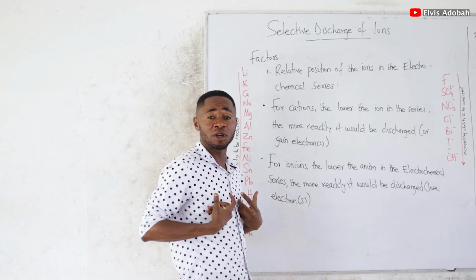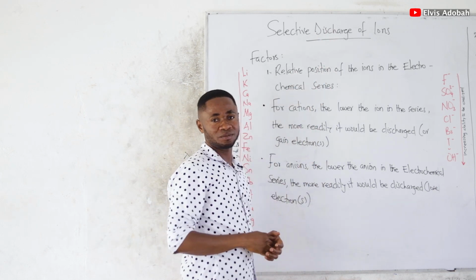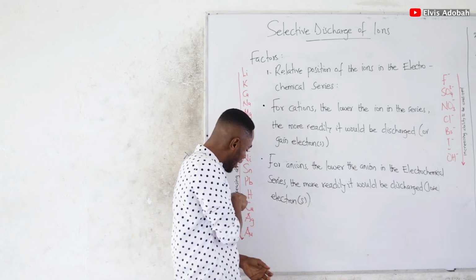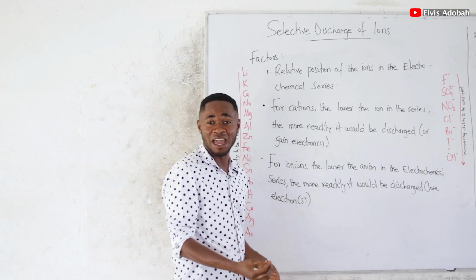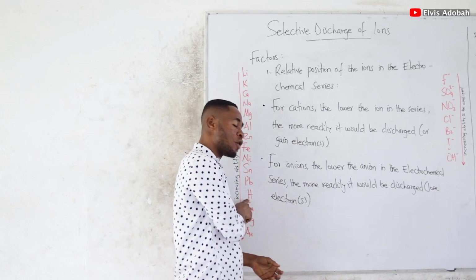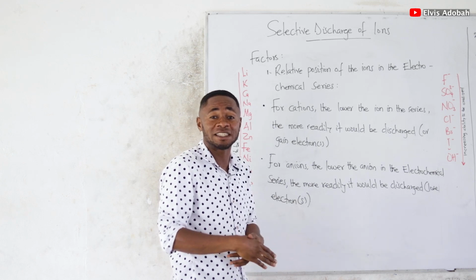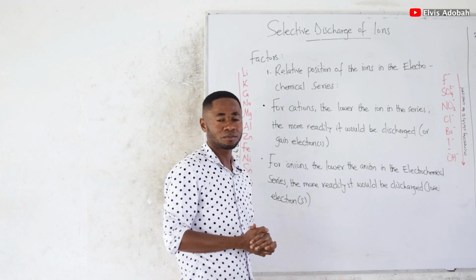In that case, hydrogen will gain the electrons. It will be discharged. But if the metal is lower than hydrogen, for example, silver will rather gain the electrons ahead of hydrogen. Hydrogen will have to sit there and watch silver take the electron. That is for the cations.